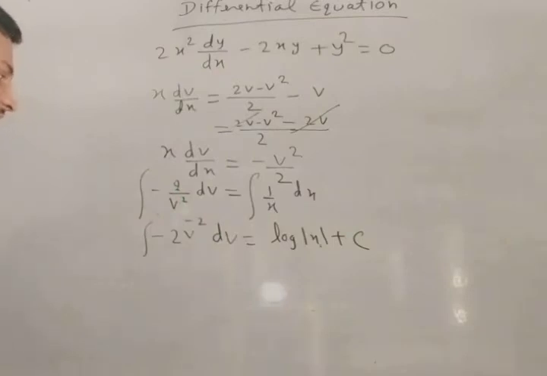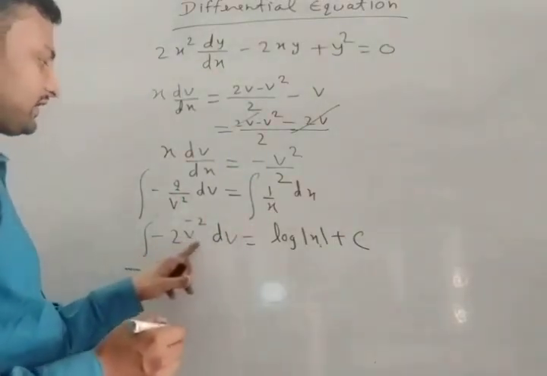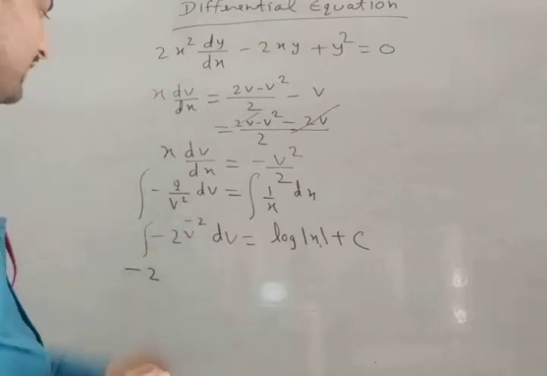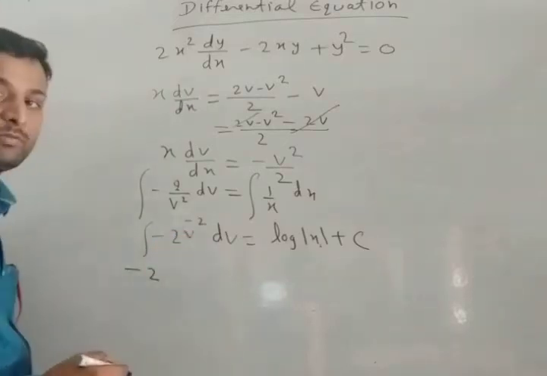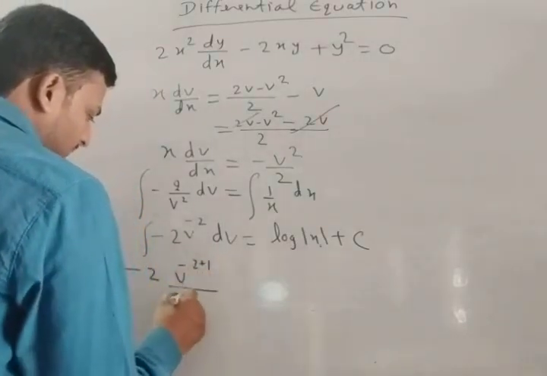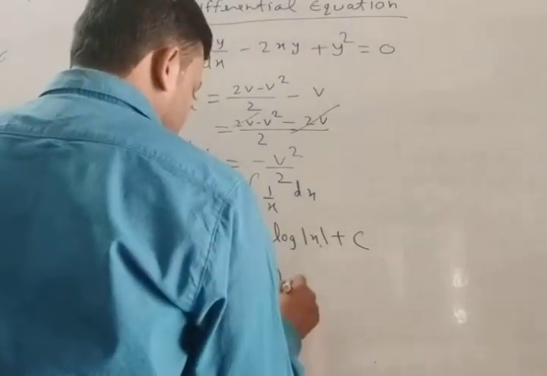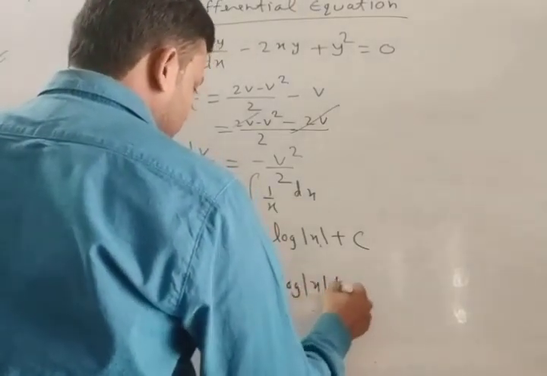We write this and minus 2, and the integration of v to the power minus 2 will be what? v to the power minus 2 plus 1 divided by minus 2 plus 1. Okay, now log of mod x plus c.